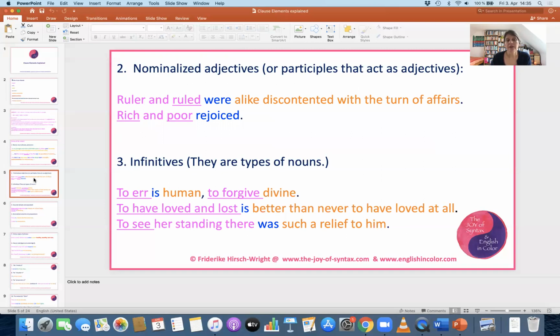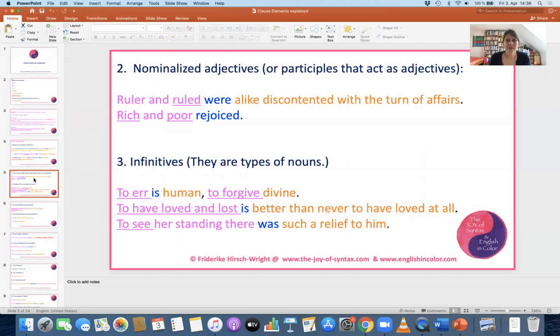So ruled is a past participle that has here been turned into a noun. So ruler and ruled were alike discontented with the turn of affairs. Rich and poor rejoiced. So rich people and poor people rejoiced. And there we have the rich and the poor, or rich and poor rejoiced.